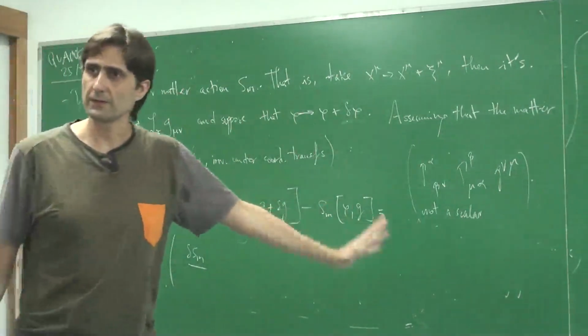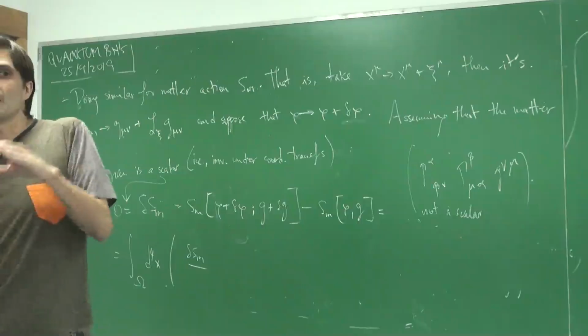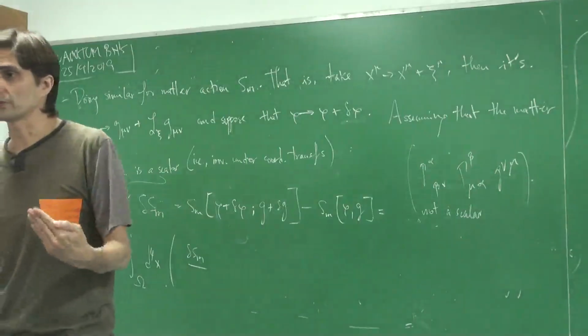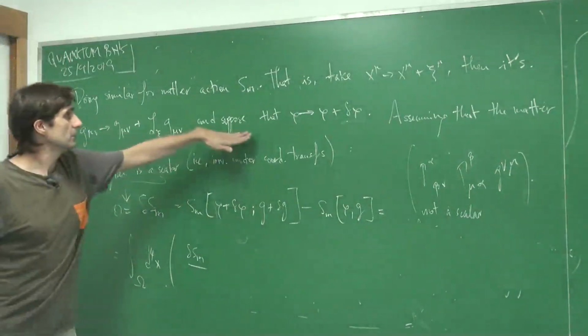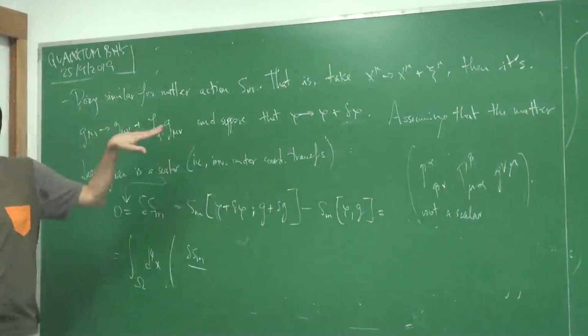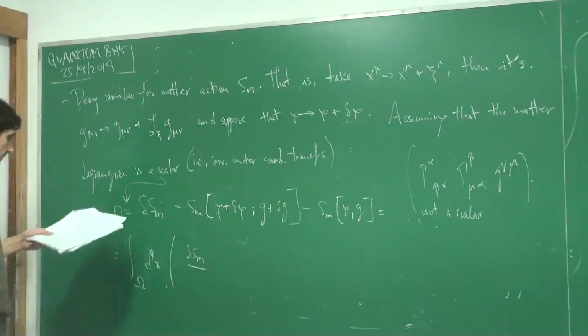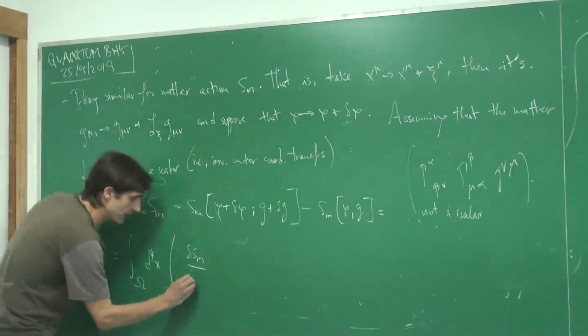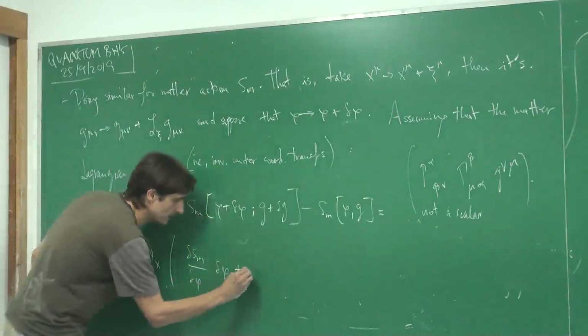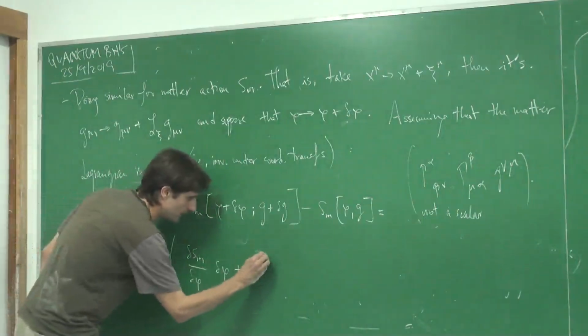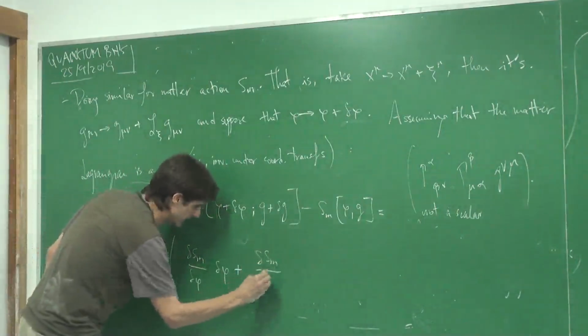Before, at some stage we varied phi, at some stage we varied g. Now we're doing a coordinate transformation, which leads to a variation of both g and phi. So we have to vary the Lagrangian with respect to phi, and with respect to g.